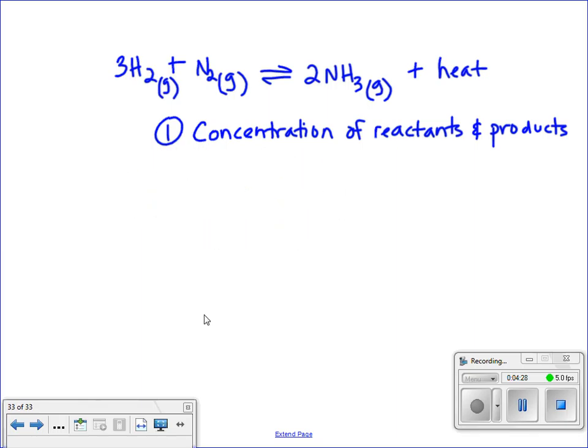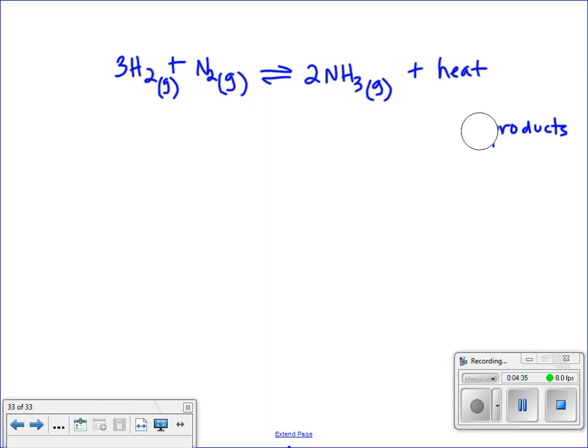So for concentration, if I were to increase the concentration of this reactant, so I increase the concentration of hydrogen and disrupt the system that's at equilibrium, then the system will react in order to counteract that increase. So to counteract the increase, equilibrium is going to shift right.